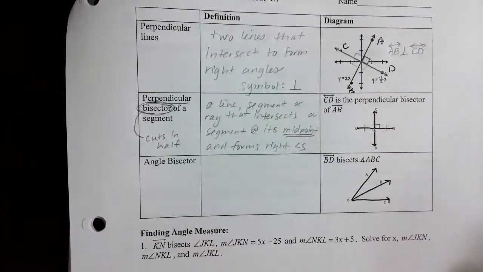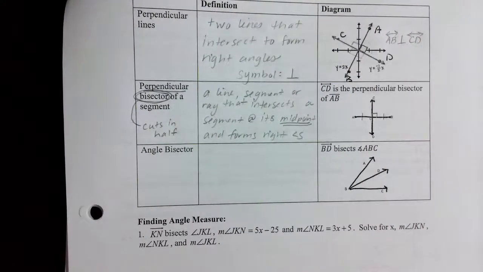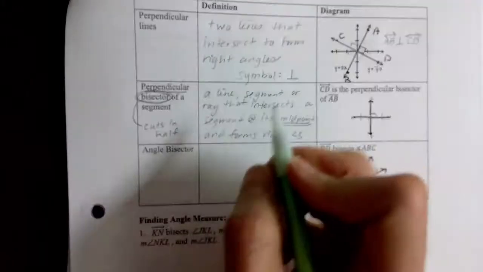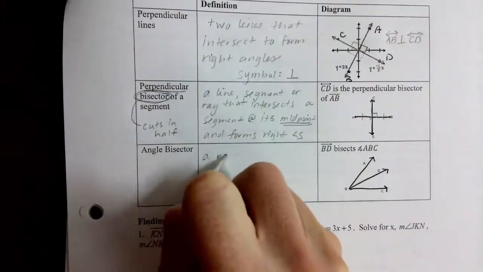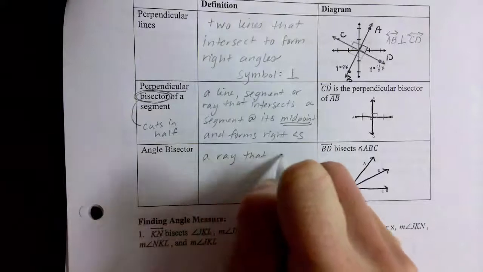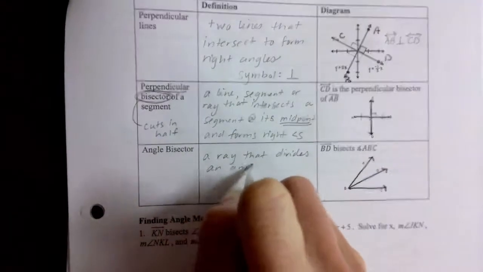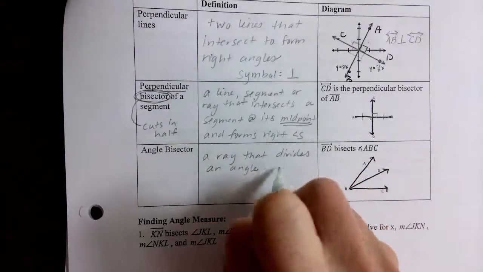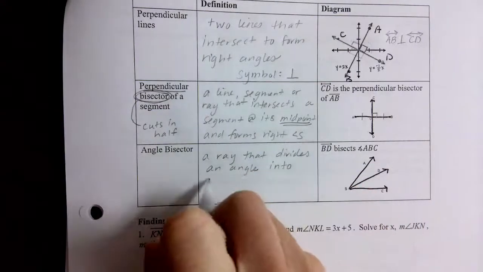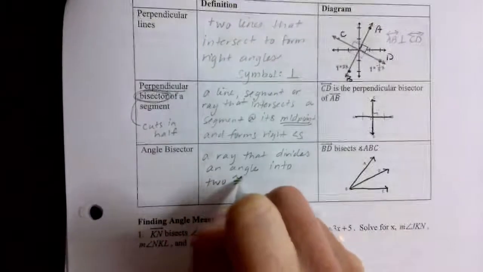Okay. The last new vocab term for today is an angle bisector. And an angle bisector is going to be a ray that divides an angle into two congruent angles.